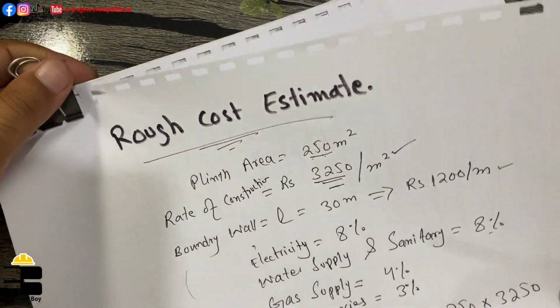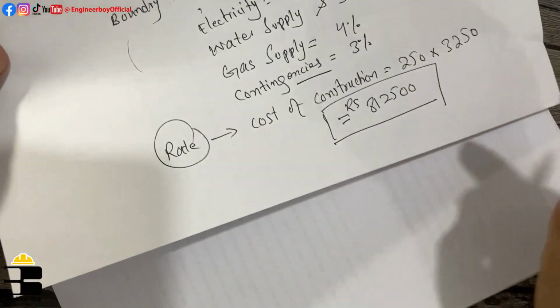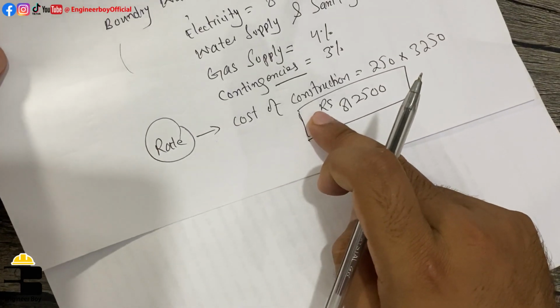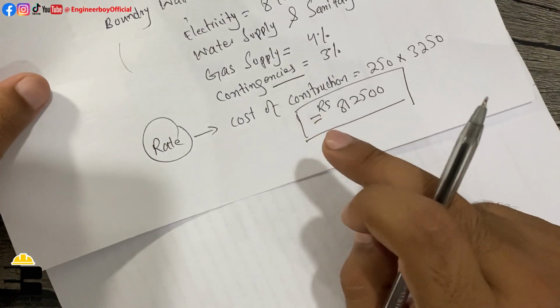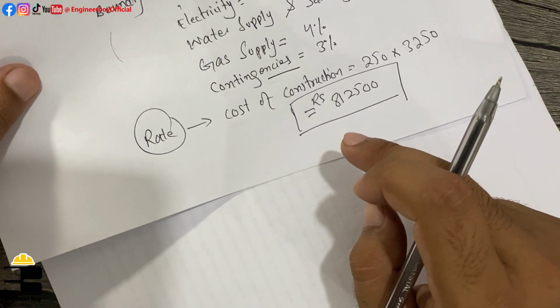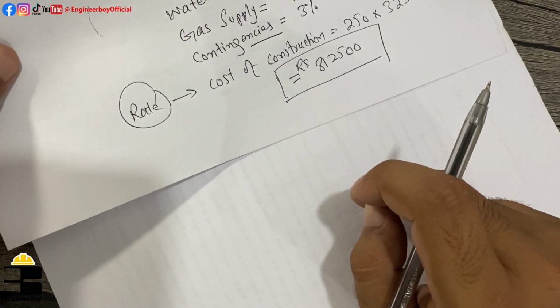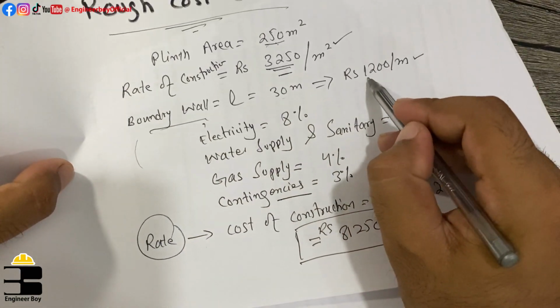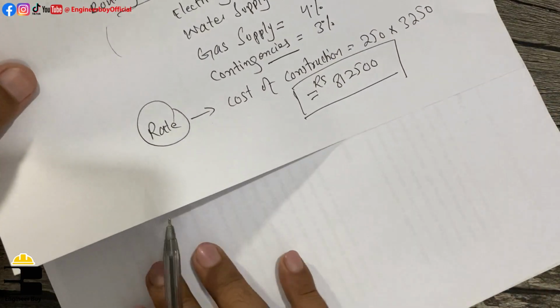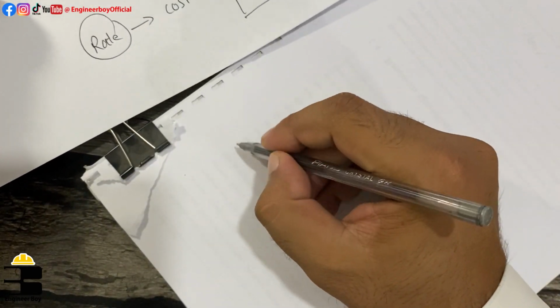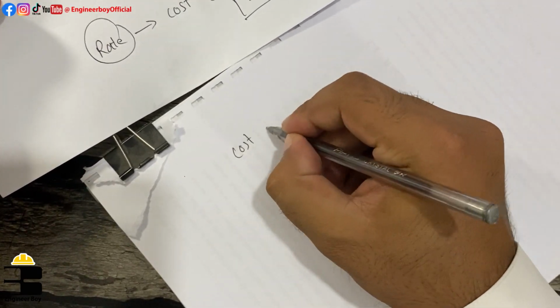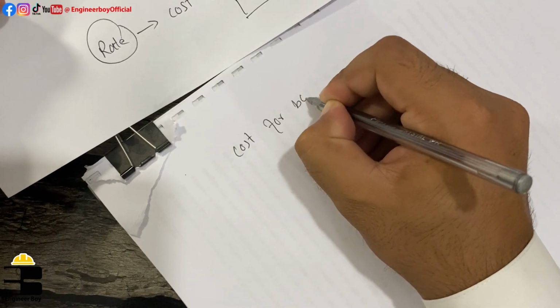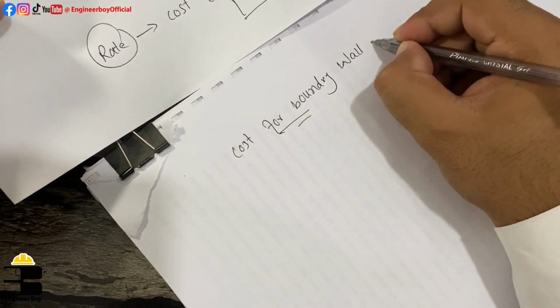Now let me make some room for myself. We have the cost of construction. Now we can determine the cost of construction for the boundary wall, because the rate here is different.